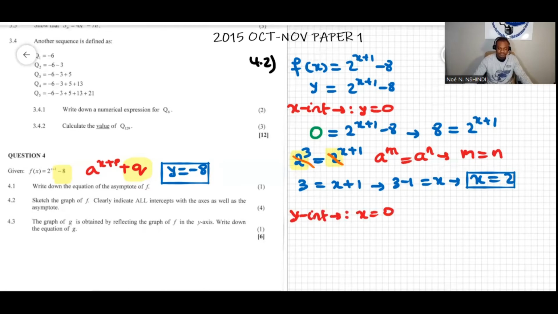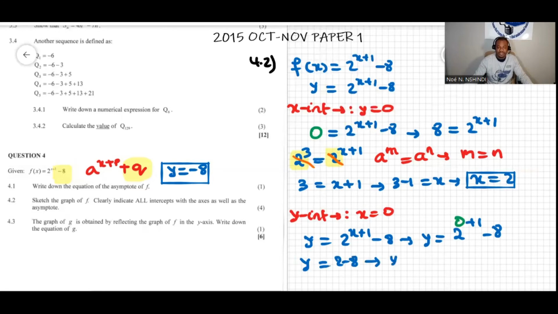Because we had y equal to 2 to the x plus 1 minus 8, we're going to make x equal to 0. So instead of writing x, I'm going to substitute its value, which is 0. Then the equation will be y equal to 2 minus 8.